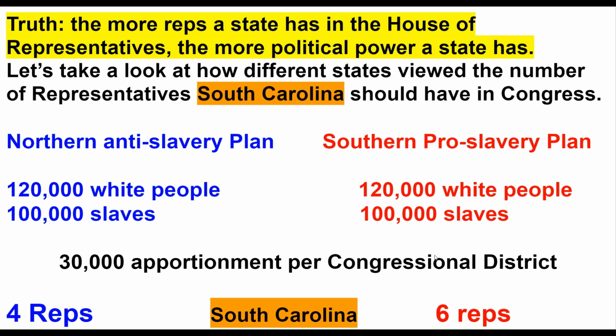So the 100,000 slaves would be equal to 60,000 white citizens, which is equal to 2 more reps at the 30,000 citizens per rep. So the Southern pro-slavery plan would be 6 reps for South Carolina, where the Northern anti-slavery plan would be 4. And so they let the 3/5 compromise stand, the North did, so that the country would not split apart.